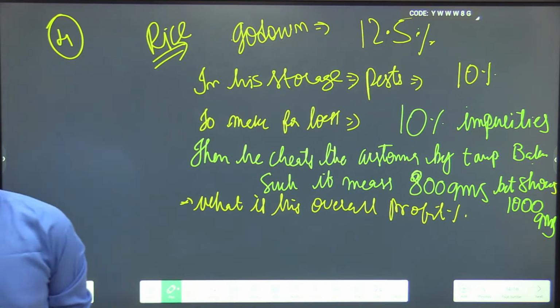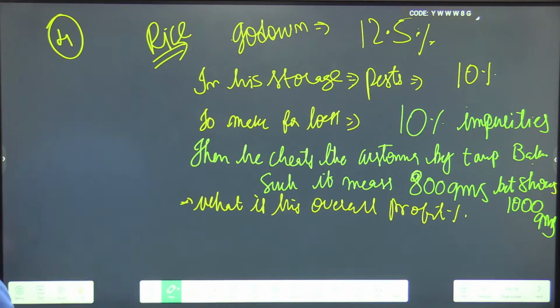And then, to make up for the loss, he mixes impurities to the scale of 10%.